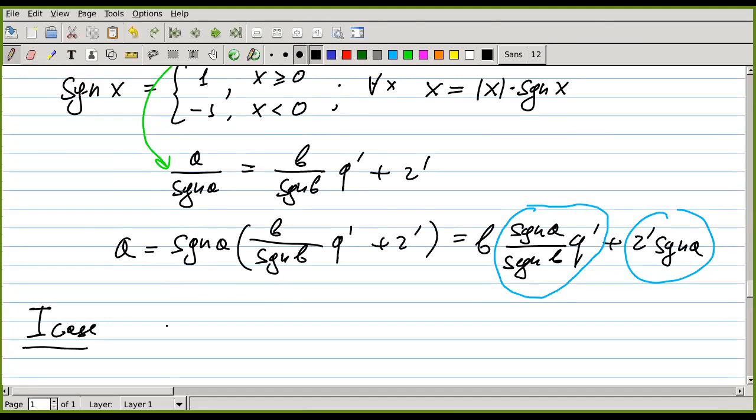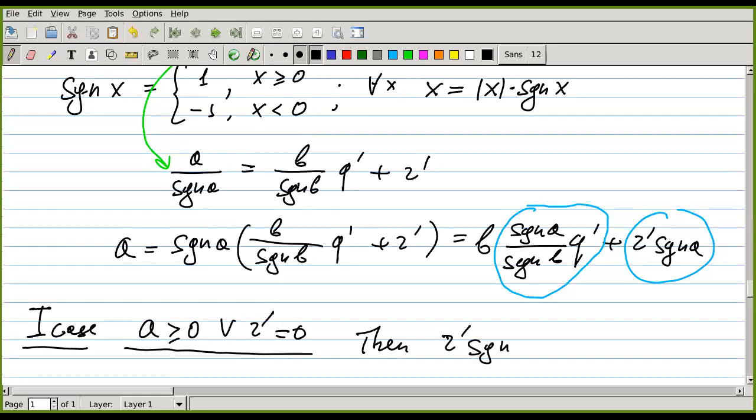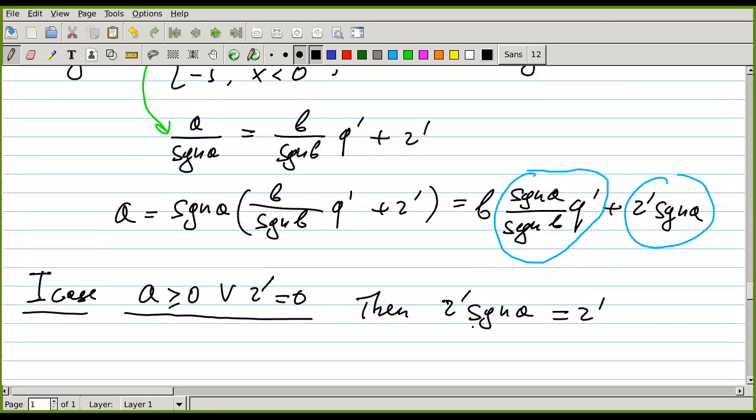The first and good case is as follows. When A is greater or equal than 0, or R prime is 0, then in this case we will have that R prime multiplied by the sign of A equals R prime.